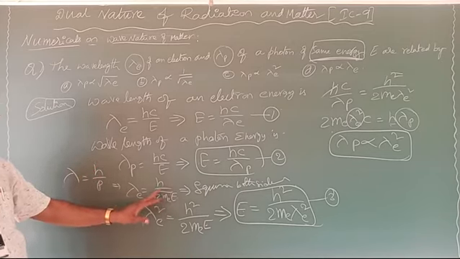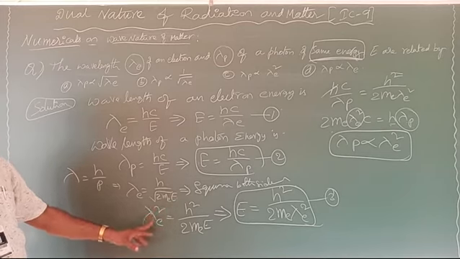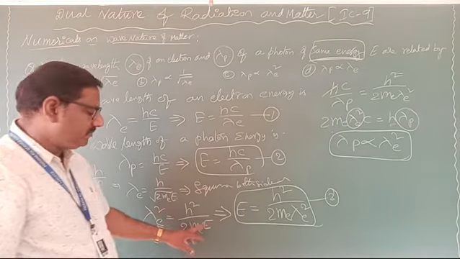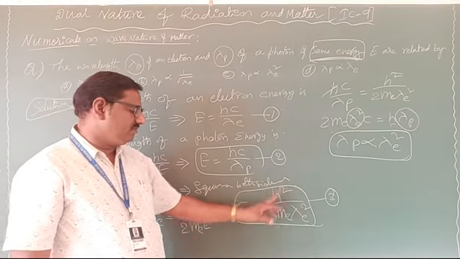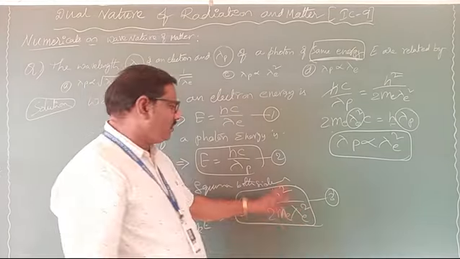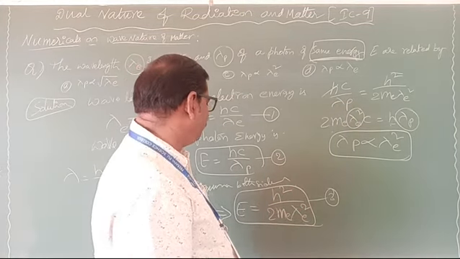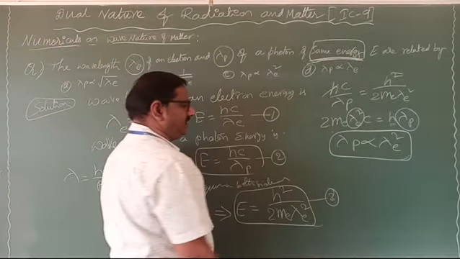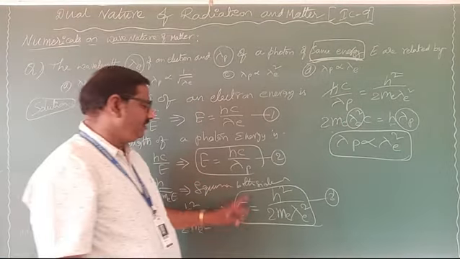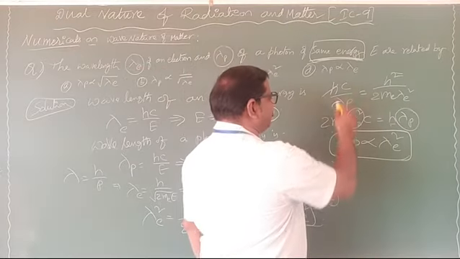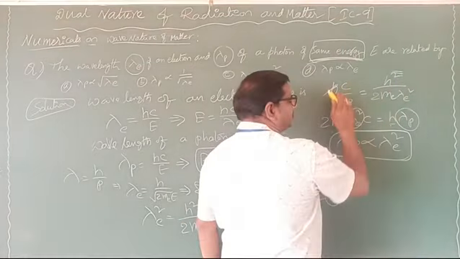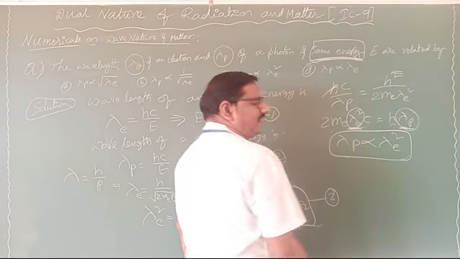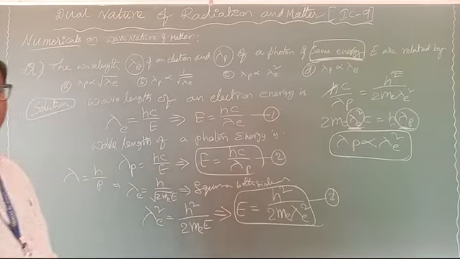Squaring on both sides, lambda e square equals h square by 2 me into E. From that, energy E equals h square by 2 me lambda e square. Now equate the two, because the energies are the same; they gave us that condition. H gets cancelled, and the relation between these two lambdas is lambda p directly proportional to lambda e square.